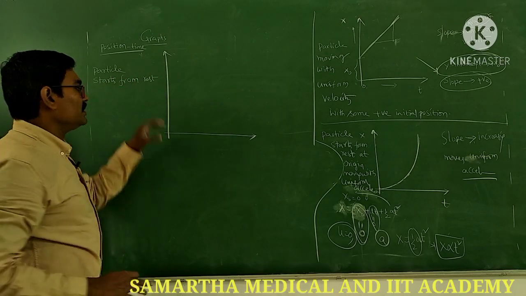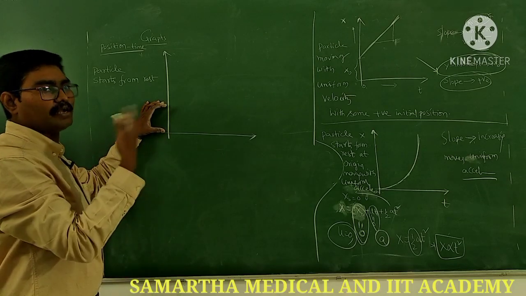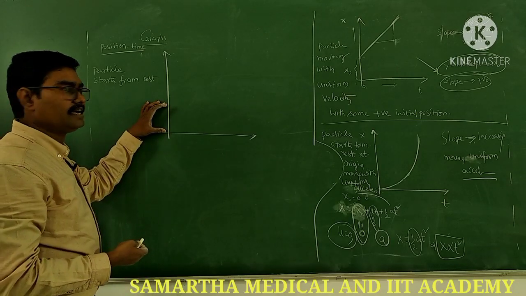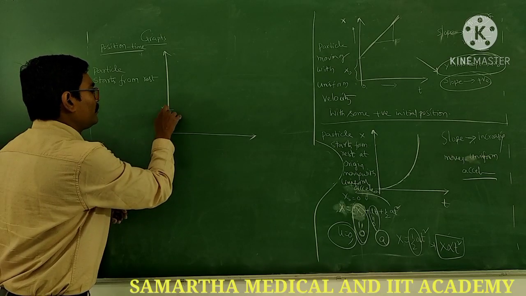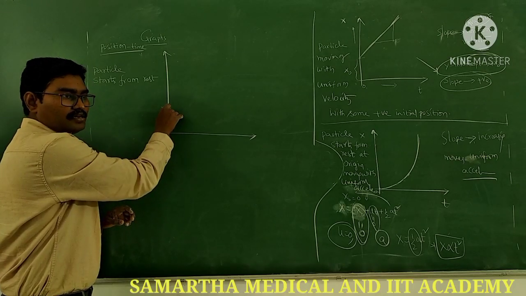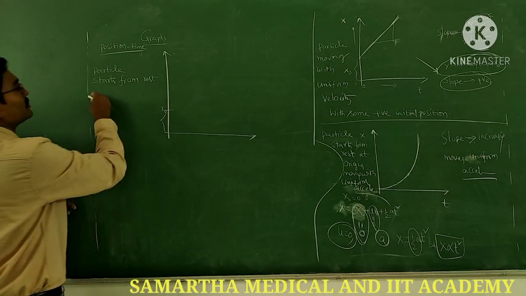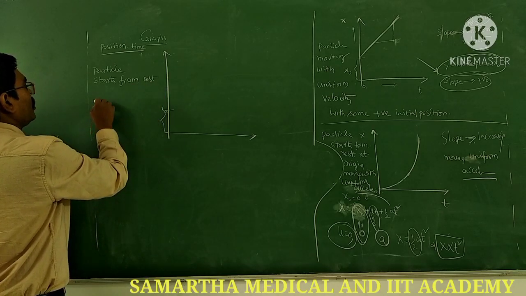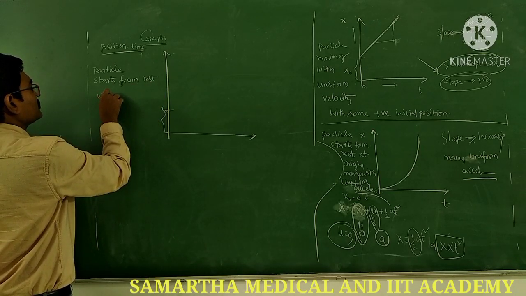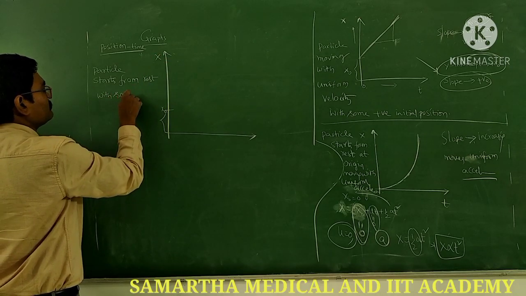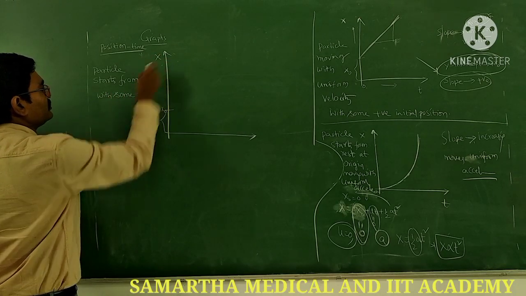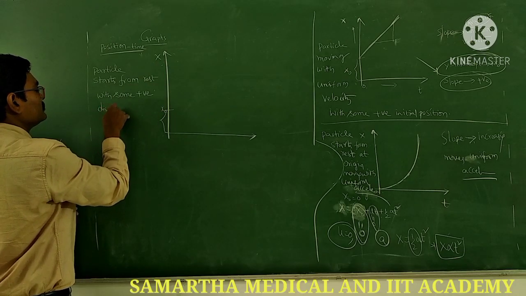That means it is having some positive displacement, I am taking x0. So from x naught the particle is started, from rest with some positive x value, with some positive displacement.